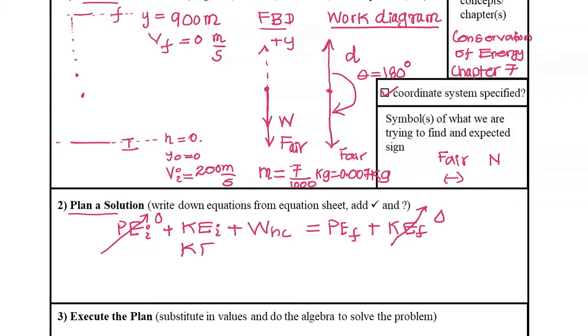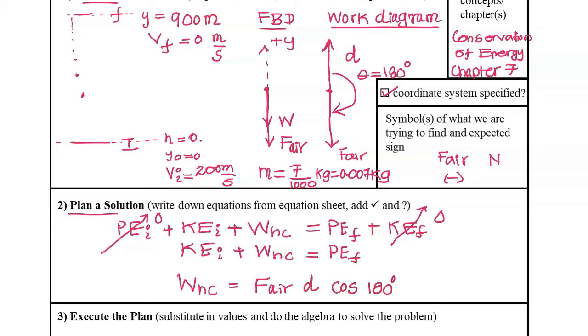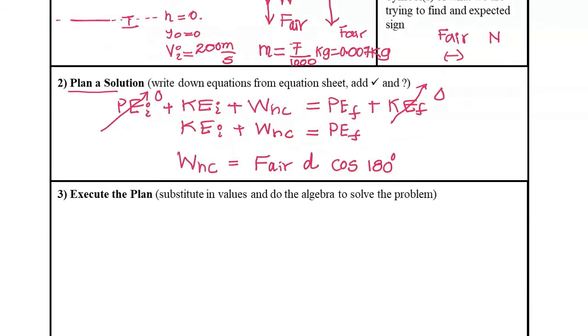The final kinetic energy is 0 because that's the turning point, where the velocity is 0. So now we have just 3 terms in our conservation of energy equation. The work by non-conservative forces is equal to the force of air resistance times the magnitude of the displacement times cosine of 180 degrees.